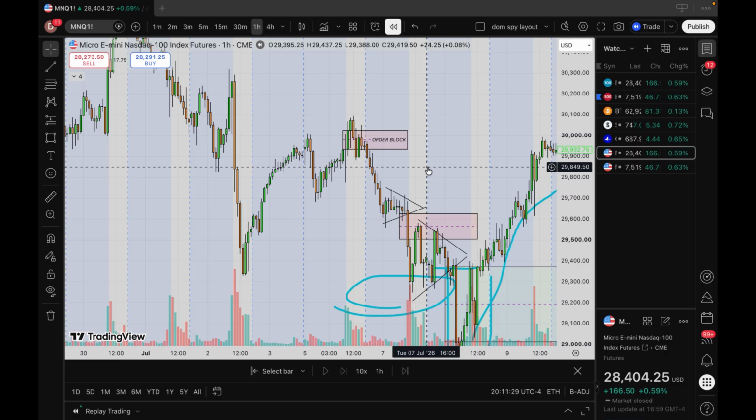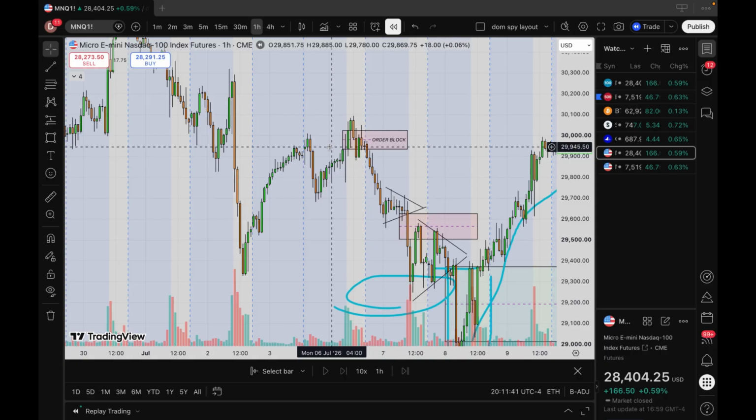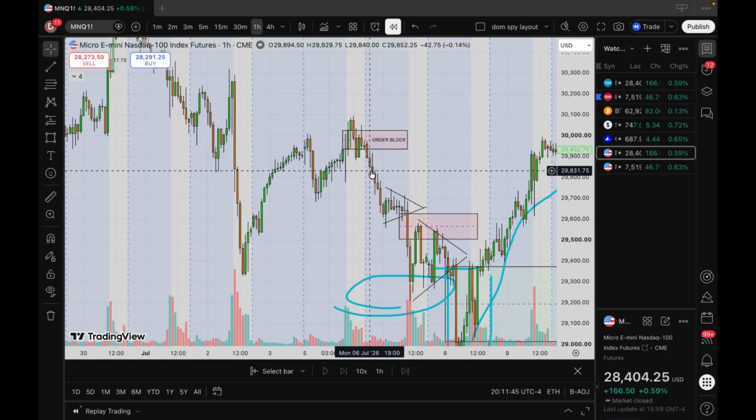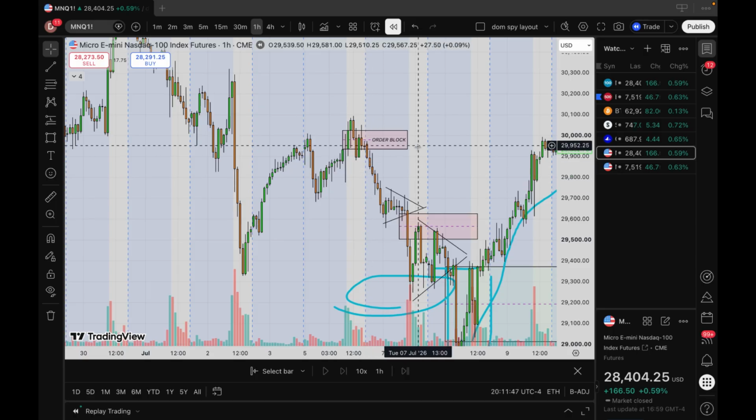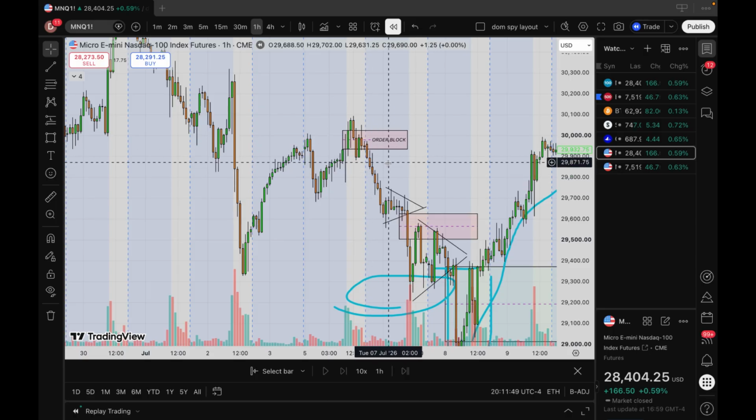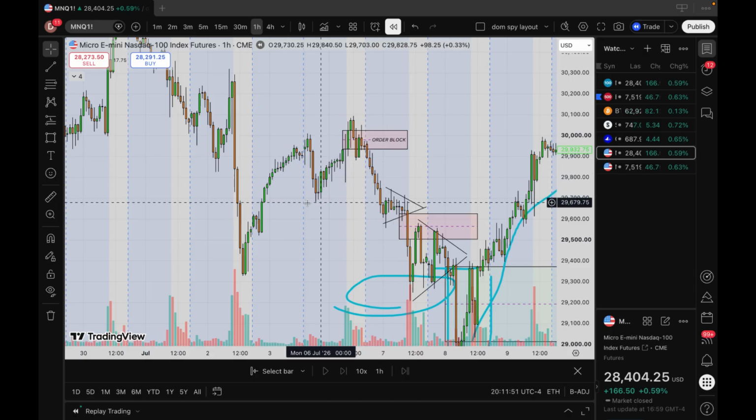So what is a valid order block, and then what's an invalid order block? Valid would create displacement, break structure, leave imbalances like FVGs, and cause liquidity sweeps. So here's your liquidity, causes a sweep, leaves imbalances, and then breaks structure. So we broke structure right here.